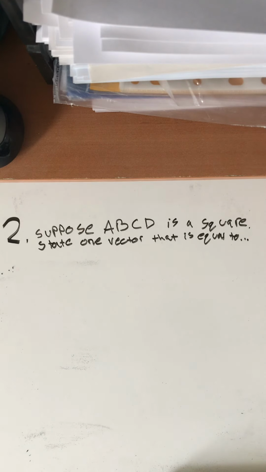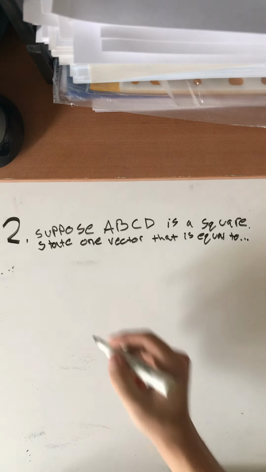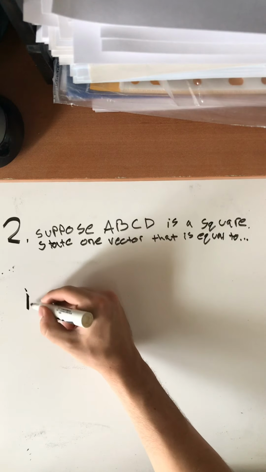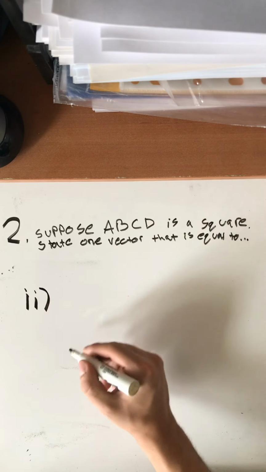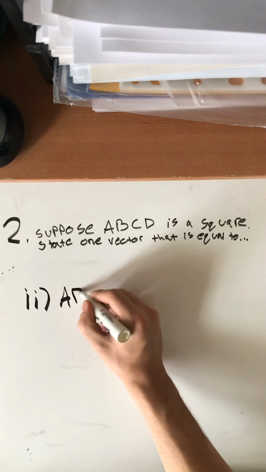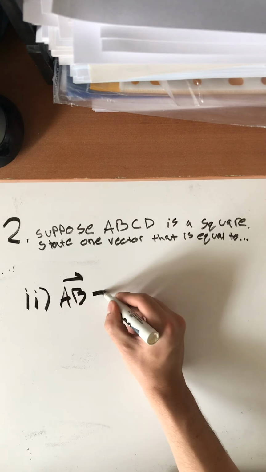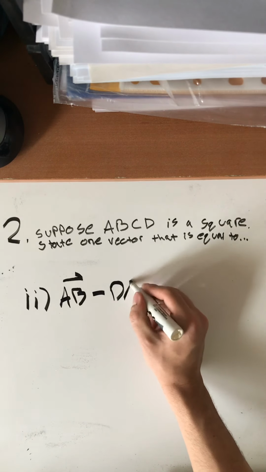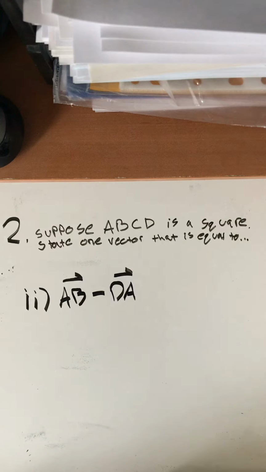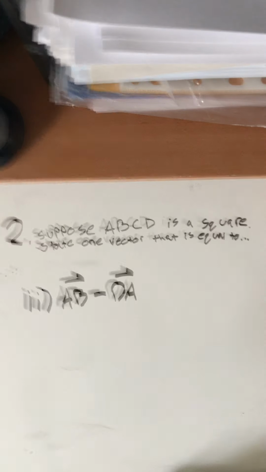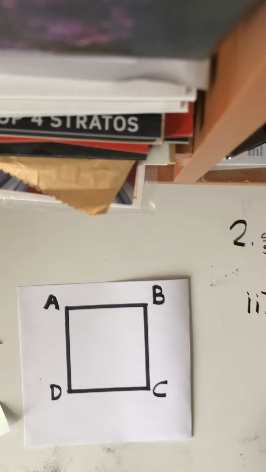Our second question is going to be dealing with subtraction now between two vectors. So vector AB minus vector DA. We need to understand before we do anything what a minus vector actually means. So let's look at our visual representation on the square that we have made.